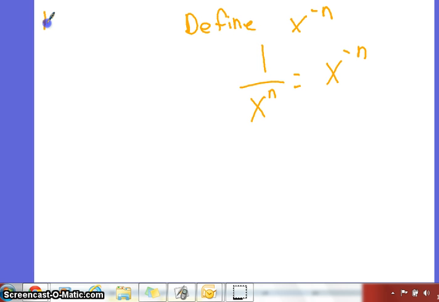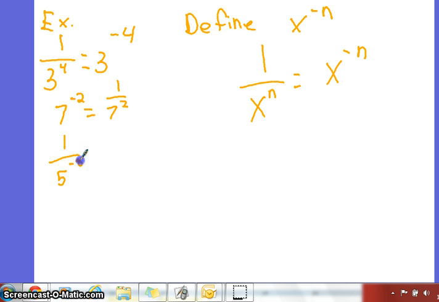Here's some examples for you to make this handy for you. 1 over 3 to the 4th power equals 3 to the negative 4th power. 7 to the negative 2nd power equals 1 over 7 squared. 1 over 5 to the negative 8th power equals 5 to the 8th power. 6 to the negative 3rd power equals 1 over 6 to the 3rd power.